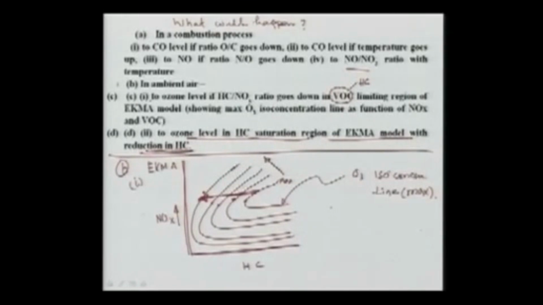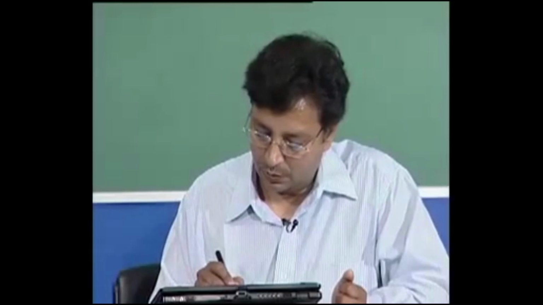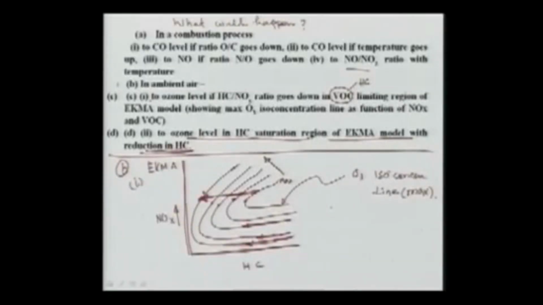I'm reducing the hydrocarbons. You see, I'm moving in this direction. I'm reducing this hydrocarbon, and what is happening to the ozone? Ozone more or less remains constant. Why? Because these lines essentially appear to be parallel to my x-axis, on which I have plotted hydrocarbon.